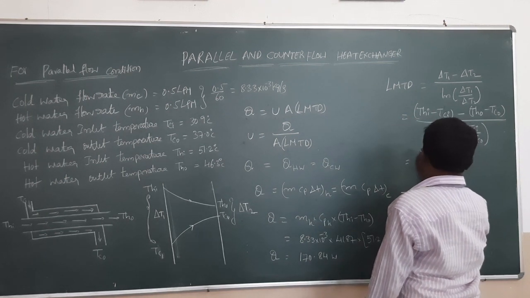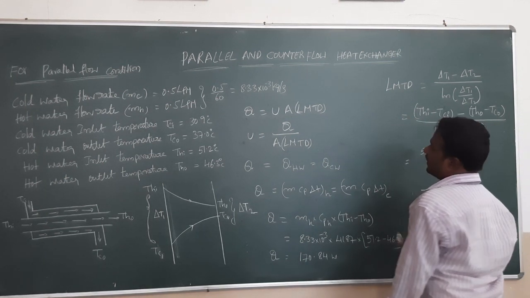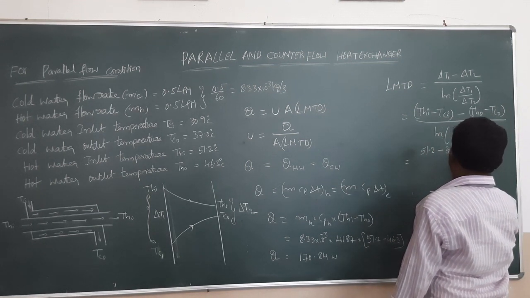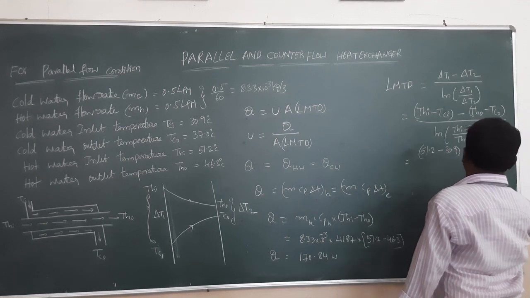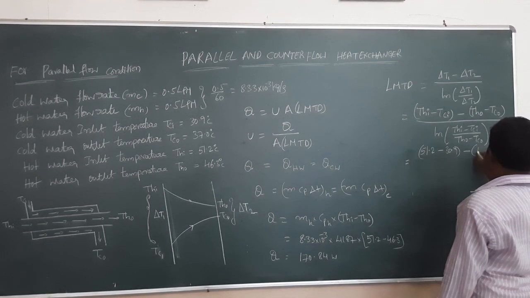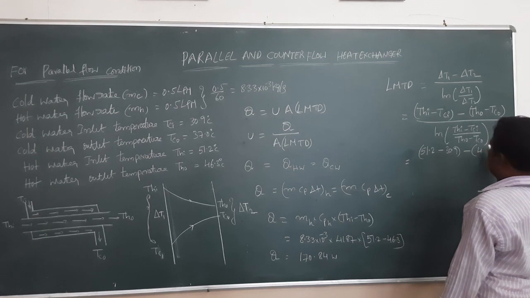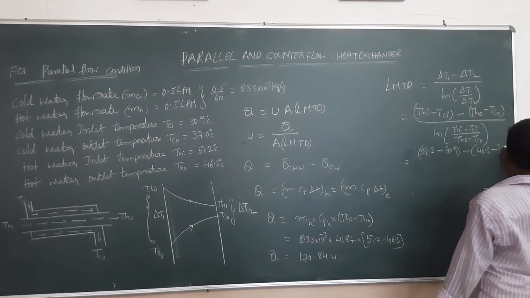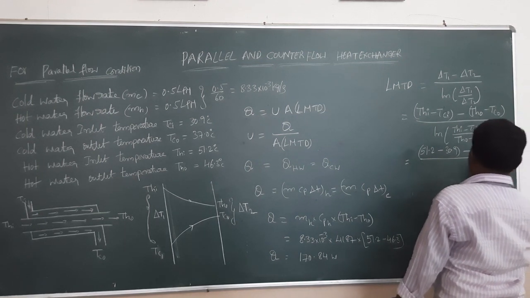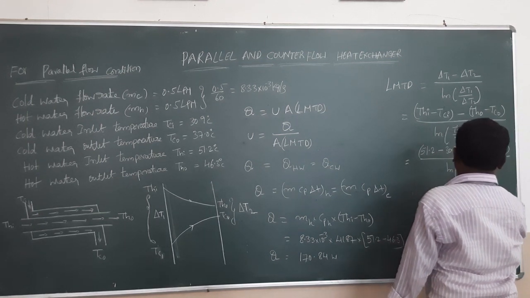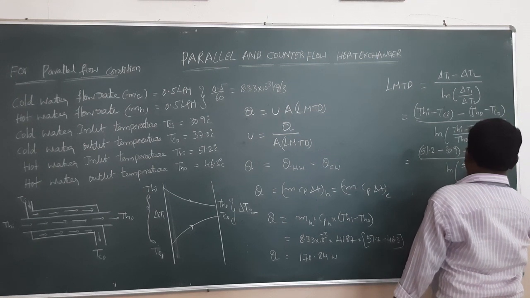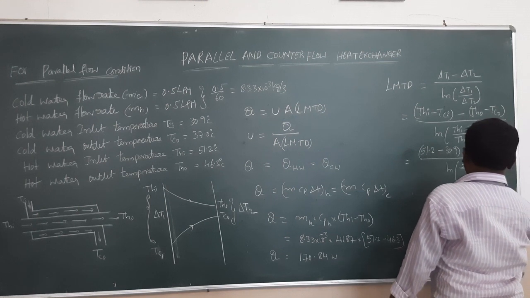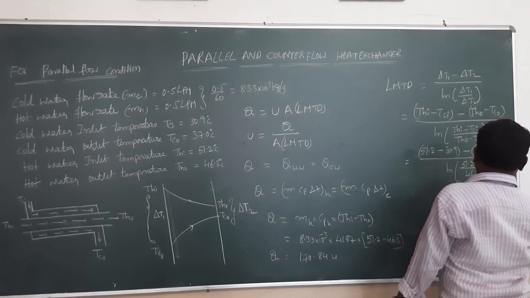Thi 51.2 minus Tci 30.9, minus Tho 46.3 minus Tco 37, divided by ln of 51.2 minus 30.9 divided by 46.3 minus 37.